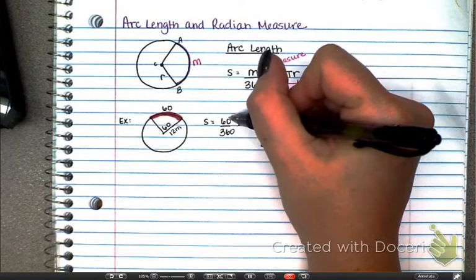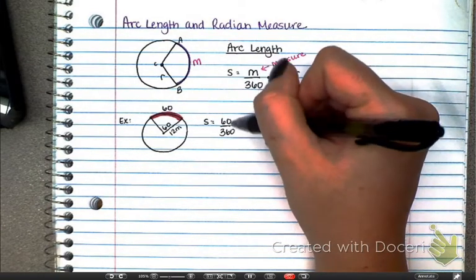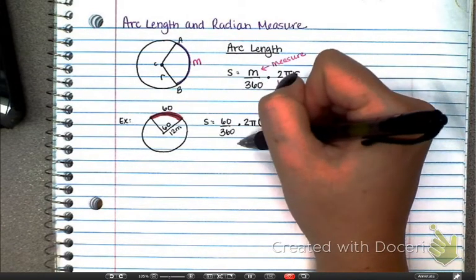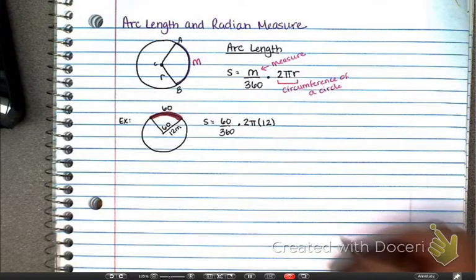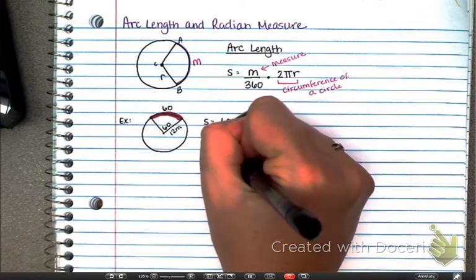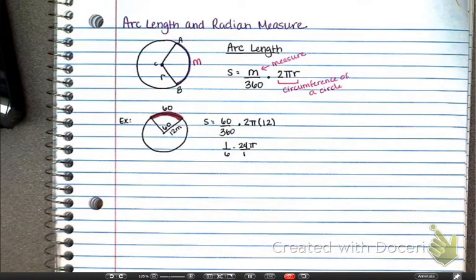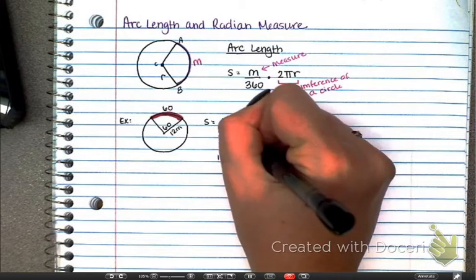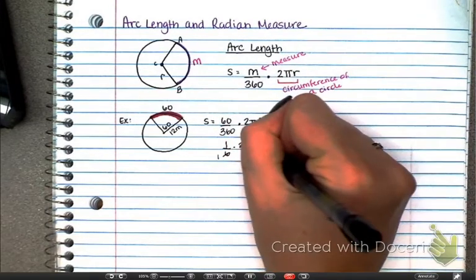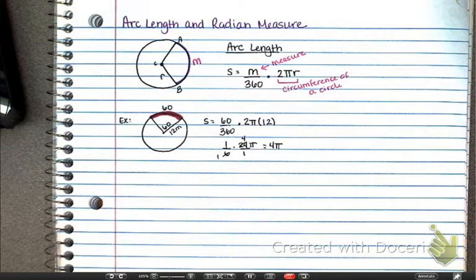So if I were to simplify, if I don't have a calculator or don't want to use it, I can cross out these zeros, right? Because it's like dividing by 10, which is really 6 over 36. Does 6 over 36 reduce? To 1/6, right? So 1/6 times 24 pi is what I have. 6 goes into 24 4 times, which is how I know I'm left with 4 pi.